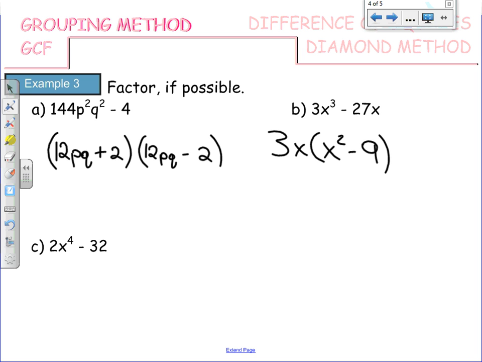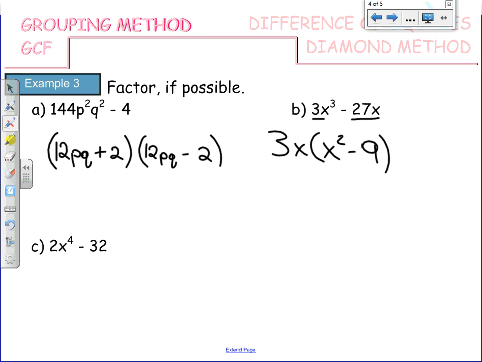So this 3x, we took it out of that and out of that. When we did 3x cubed divided by 3x, it left us with x squared. When we did 27x divided by 3x, it left us with negative 9. This right here is now a difference of squares.